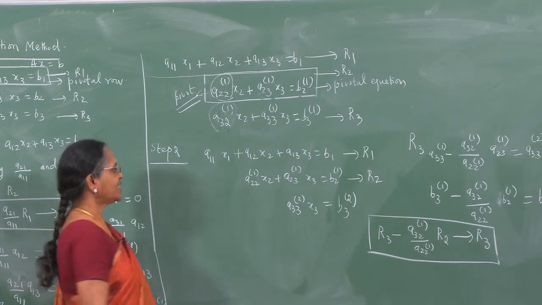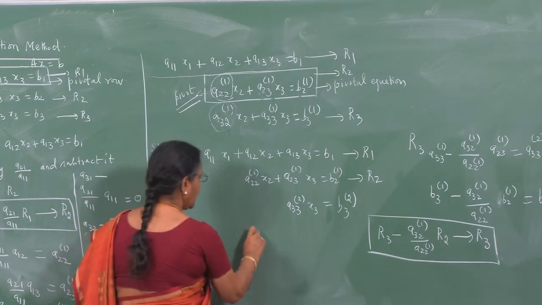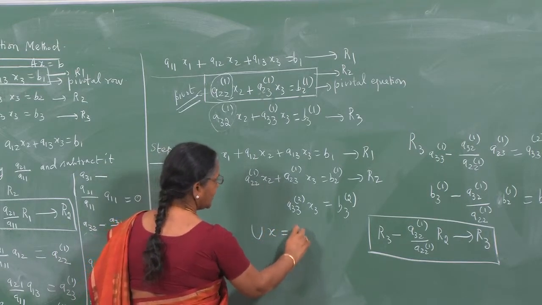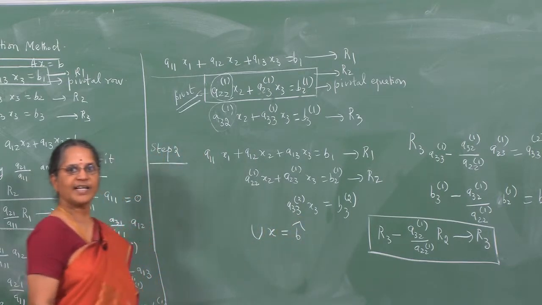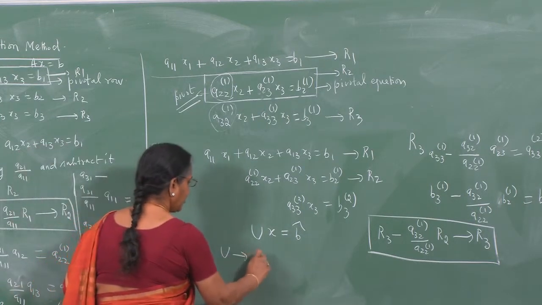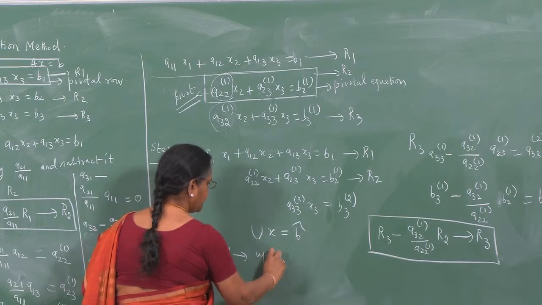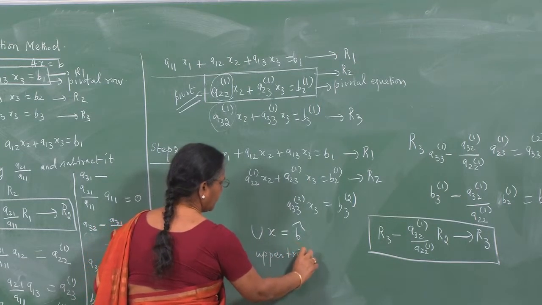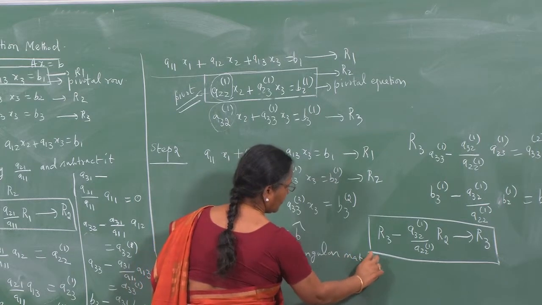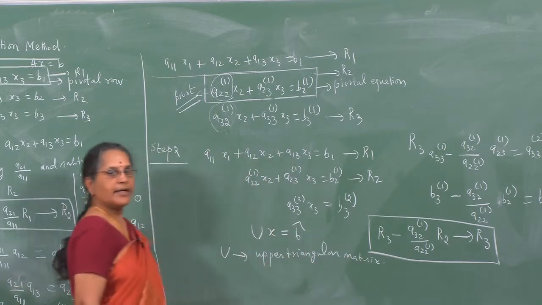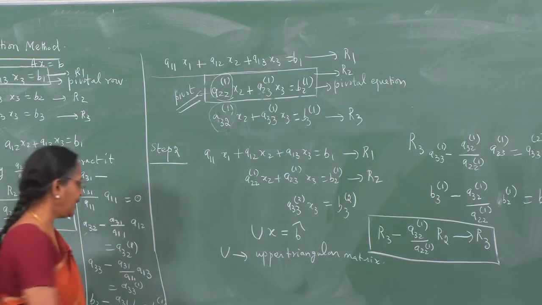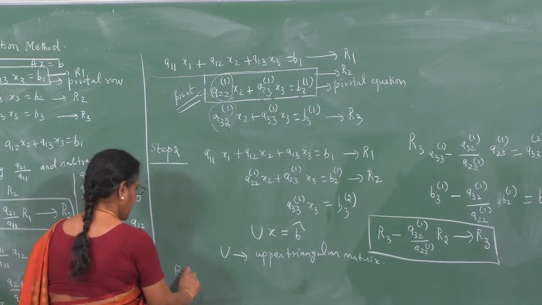Now, look at this system. We observe that it is of the form matrix U multiplied by an unknown vector is equal to the right hand side vector B cap, where U is an upper triangular matrix. And therefore, you can solve this system of equations by backward substitution.